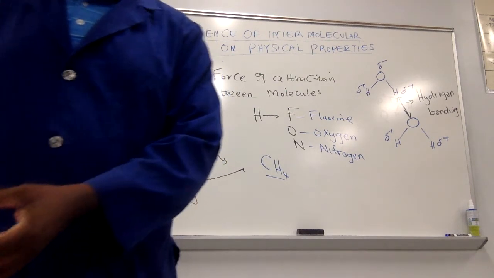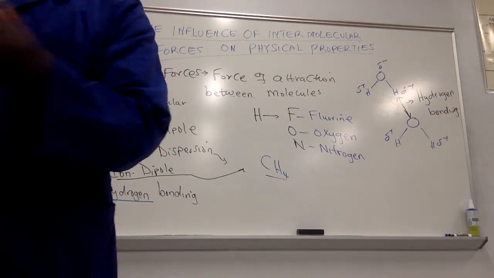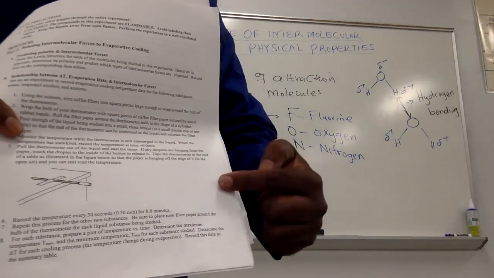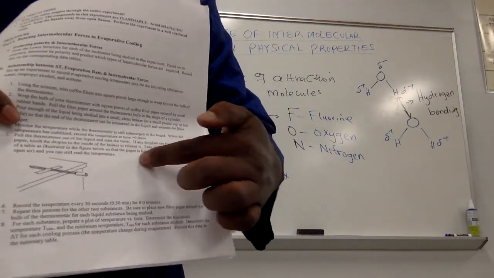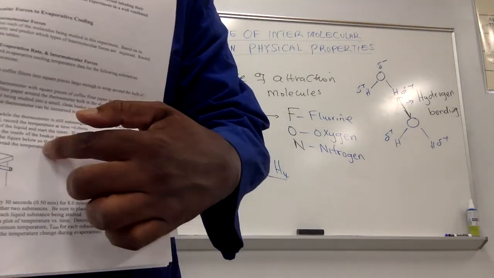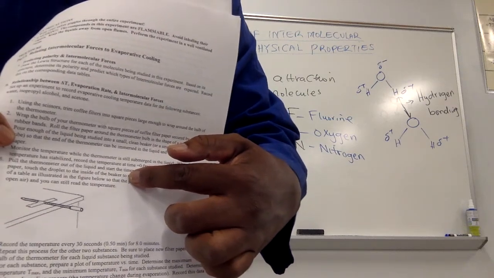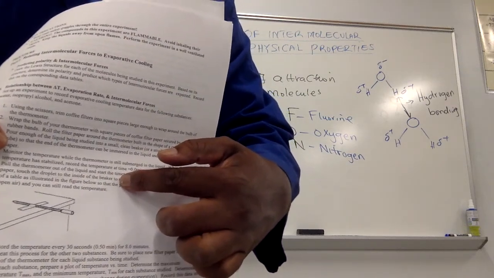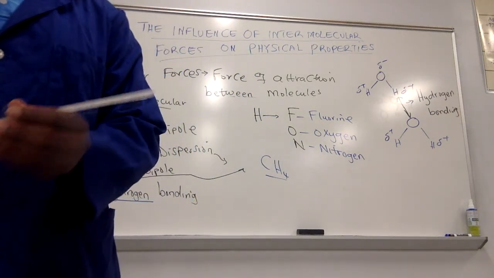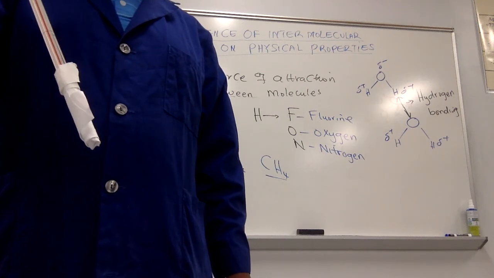The directions call for, if you look at the paper right here, let me show you where it is. Right here, what you see there is the thermometer taped on the edge of your table. So what needs to be done is to immerse this in your substance.